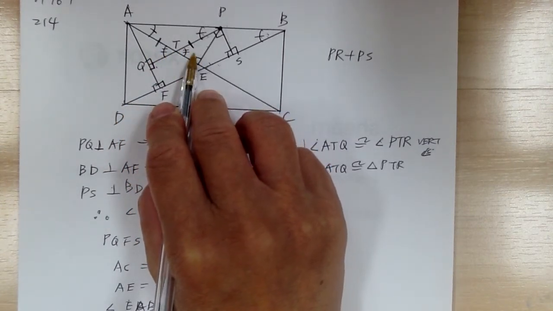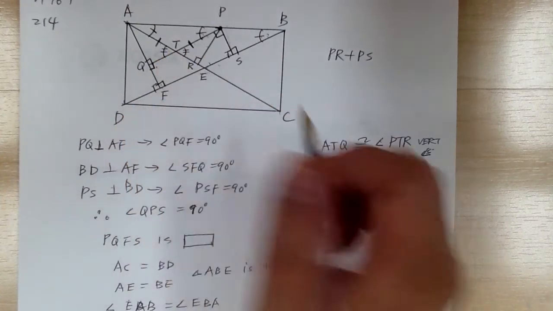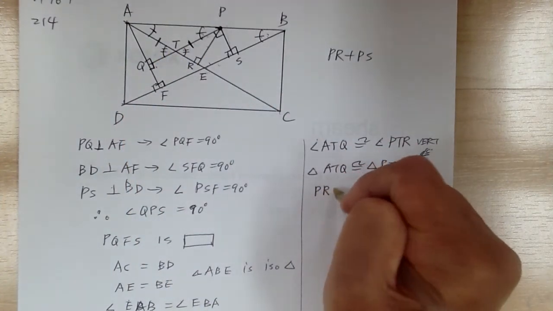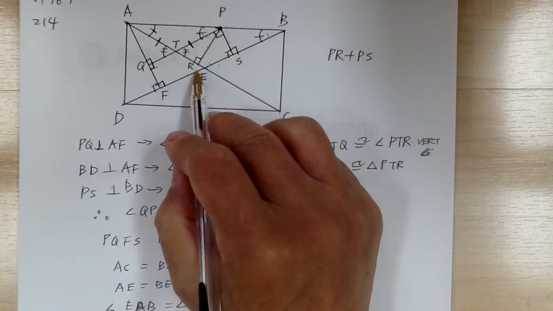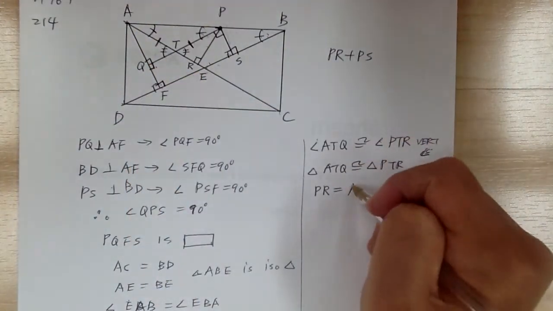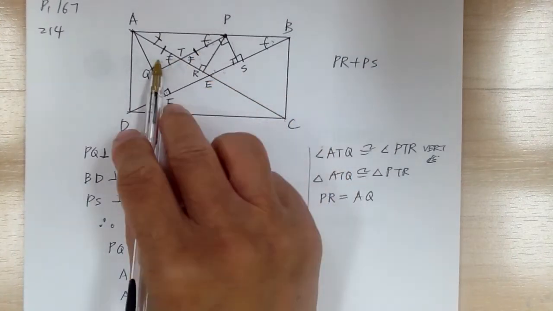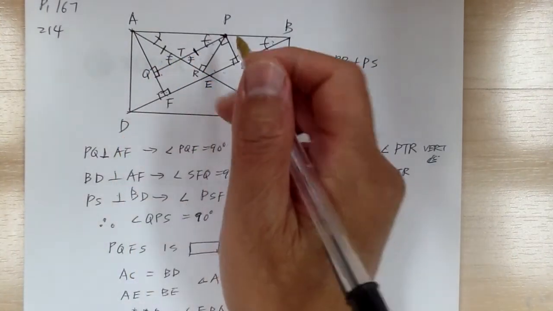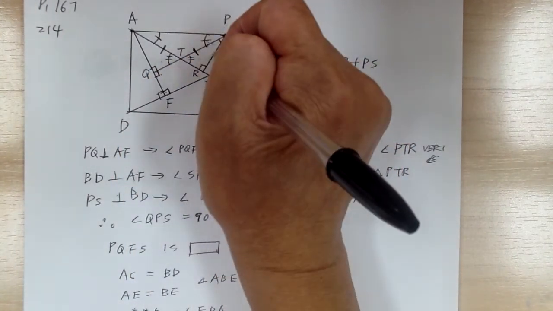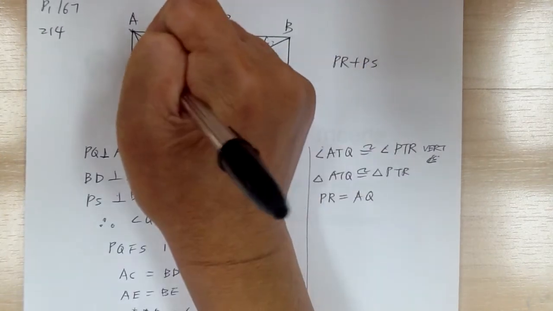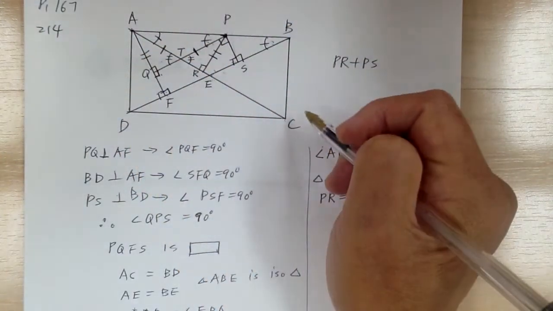Okay, now if the two triangles are congruent, then PR will equal AQ. Right? Again, if these two triangles are congruent, then use CPCTC. So PR is congruent to AQ.